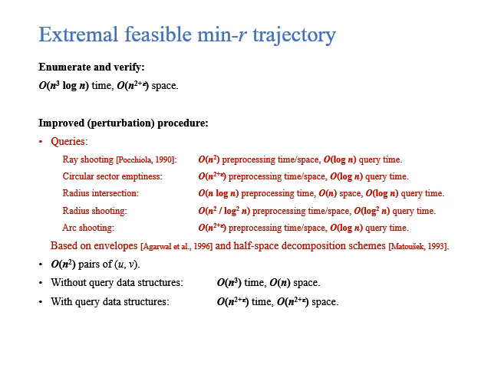Since we have n squared possible pairs of obstacle endpoints, without using any query data structures and just simply checking against each obstacle for intersections, we can find a feasible mean R trajectory in n cubed time with linear space usage. If we use the query data structures, the time complexity improves to n to the power of 2 plus epsilon, with the space usage in the same order.